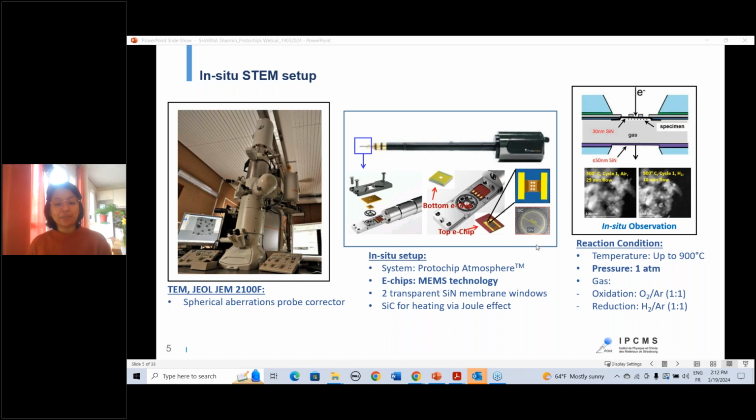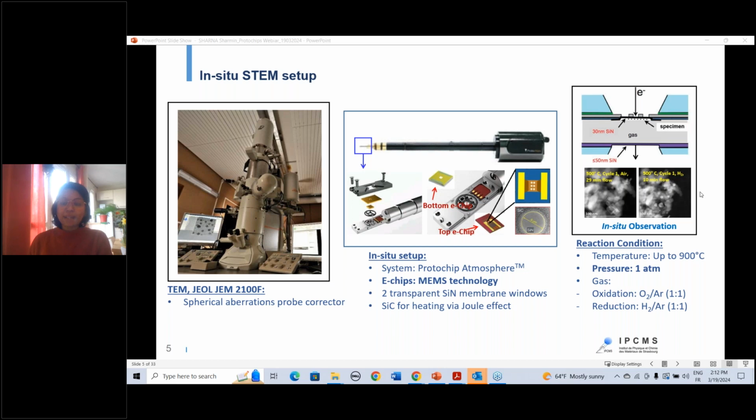Just to remind everybody, what we have here is our chip, where in between two chips we sandwich our material. In the top chip we have a silicon nitride window, which is transparent to the electron beam, where we suspend our material, and then we have electrical contacts to give heating via Joule effect.